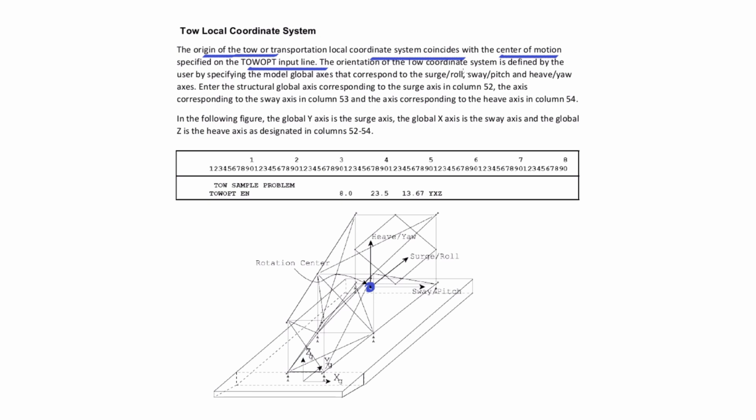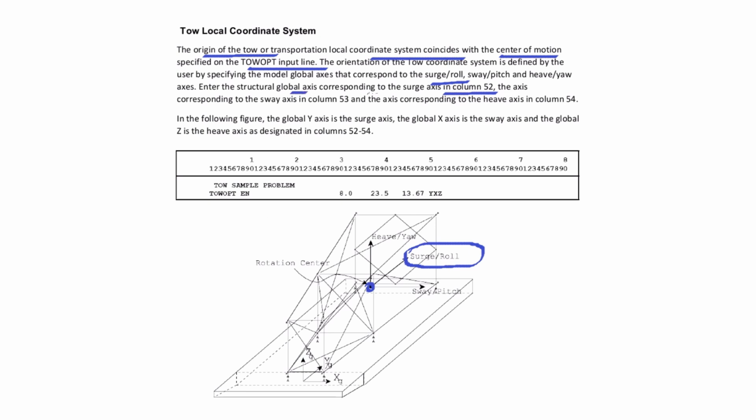The orientation of the tau coordinate system is defined by the user by specifying the model global axis that corresponds to surge or roll, sway or pitch, and heave or yaw. Enter the structure global axis corresponding to the surge axis in column 52. We have to define what the surge axis is, and similarly with respect to the other axes, we need to give the structural global axis.